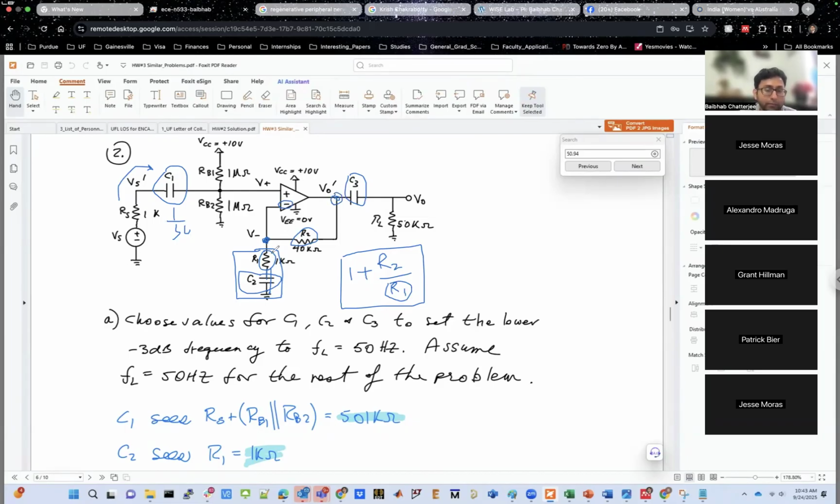Because if this R1 in series with C2 had not existed, which does not exist at DC because C2 is an open, and you already know that there cannot be any current flowing into or out of the negative terminal of the op amp, which means there is no current flow through R2 in that case, which means that the voltage at the left side of R2 and right side of R2 has to be the same. So from that perspective also, you know that the negative terminal's DC voltage has to be the same as the output's DC voltage. So that's how the DC bias points are fixed.